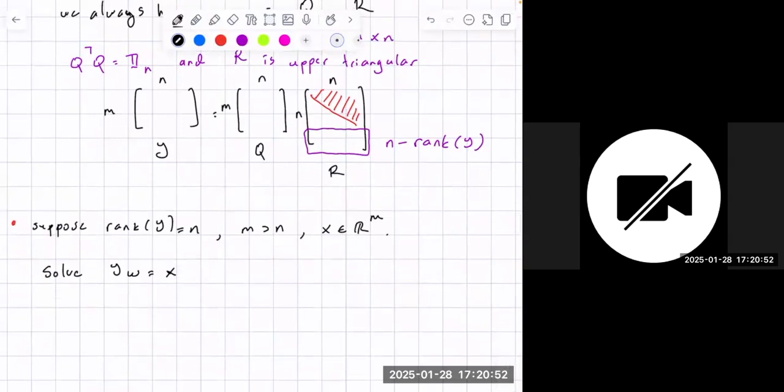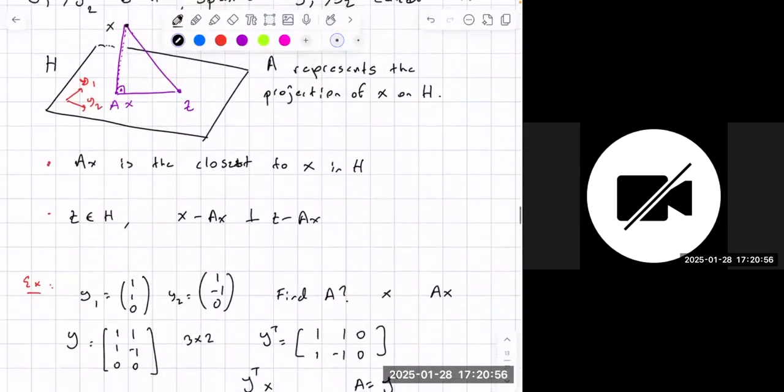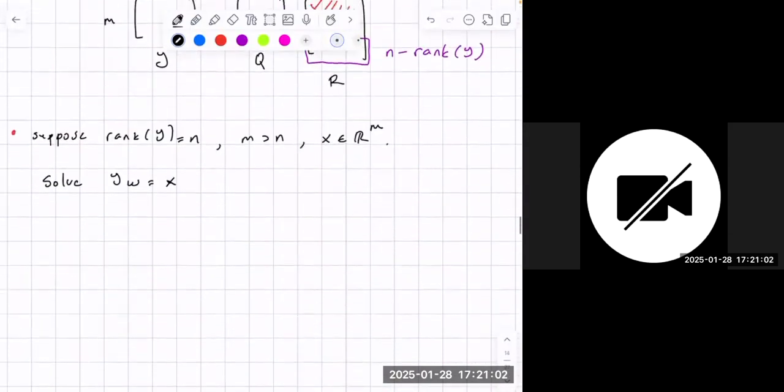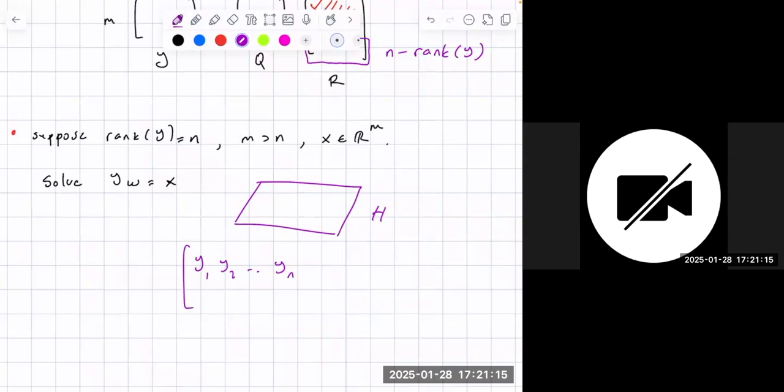Suppose somebody already gives you something that is inside that plane, okay? Let's say I have this H right here. So suppose I'm going to try to solve this problem. I have my H, and H is given by the span of a couple of vectors, Y1, Y2, Yn, I'm sorry.